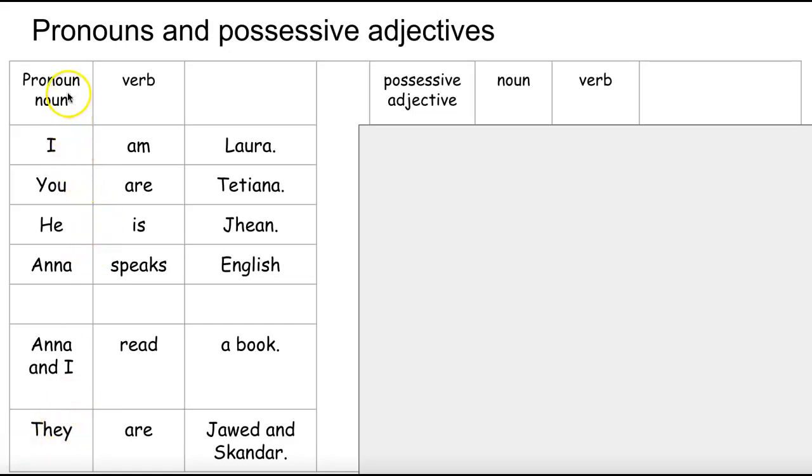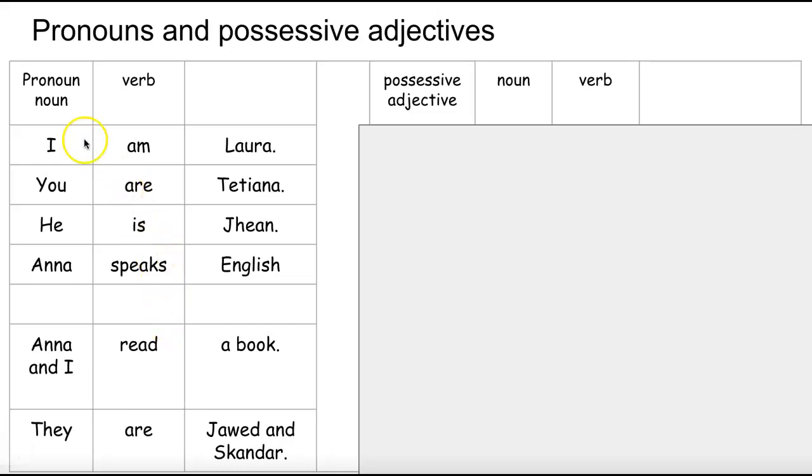And as you see, a pronoun or a noun is followed by a verb. We have the be verbs, which are am, is, and are. But here we have simple present tense verbs, speaks, read. We will talk more about simple present tense verbs this week.